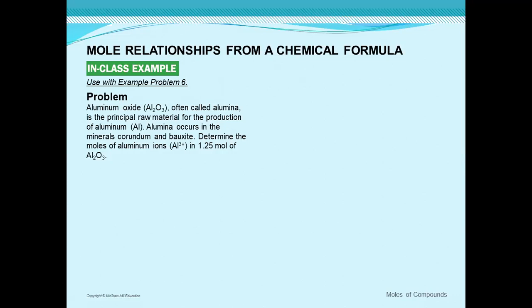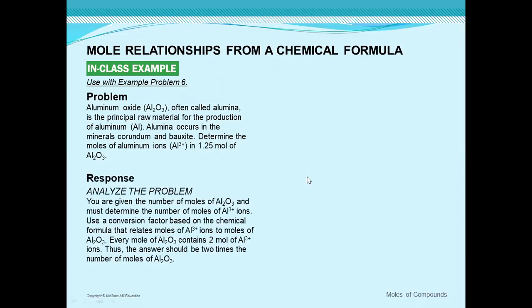Alumina occurs in the minerals corundum and bauxite. Determine the moles of aluminum ions in 1.25 mole of Al2O3. Yes, okay. Abdullah Gurney, respond, analyze the problem.